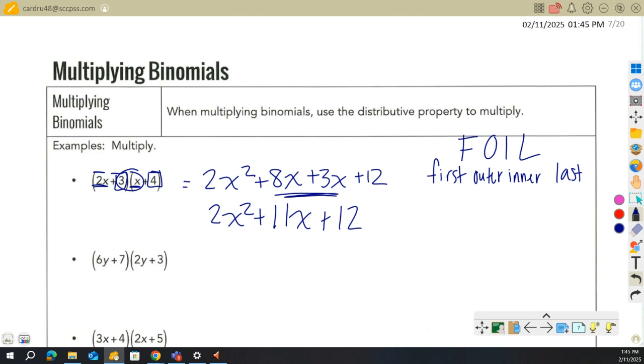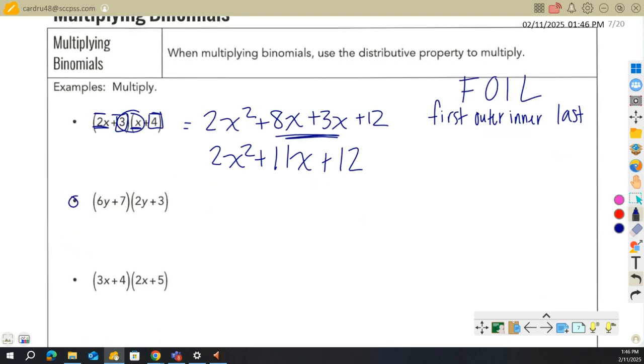And so looking at this next example, if you want to do it by FOIL, go ahead and try that. But I'm going to just do this by distributive property. And the way you do that is I'm taking my first term and I'm distributing it into that second parentheses. So I'm not multiplying 6y plus 7, right?